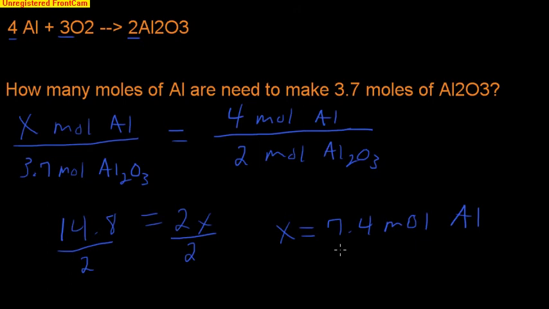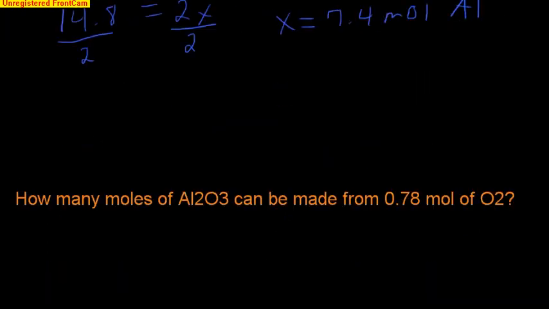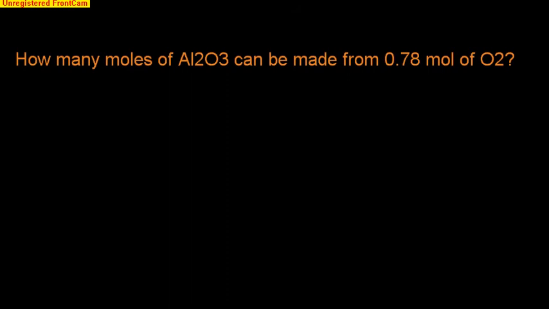So let's scroll down and do one more problem. In this one it says, how many moles of aluminum oxide can be made from 0.78 moles of O2? Once again, we don't know how many moles of Al2O3, so let's say X moles of Al2O3.